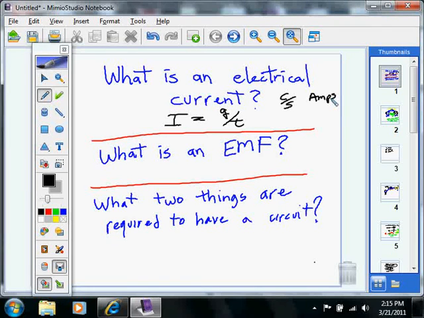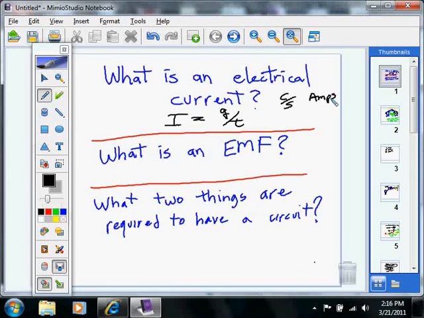Okay, second question. Again, see if you can answer in your mind. If not, look back in your notes. What is an EMF? In general, it's a device that maintains electron difference between two objects. True. And also true.